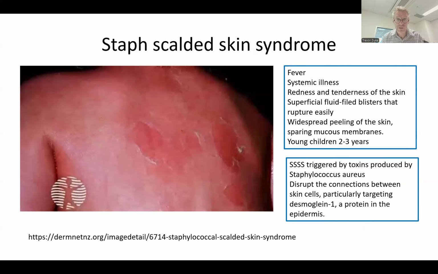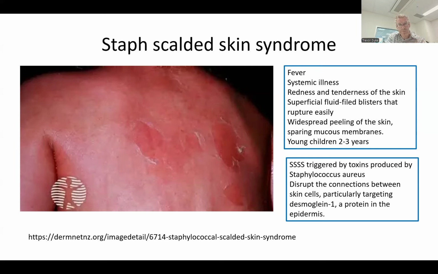Staph scalded skin syndrome was described around about 130 years ago, and it is characterized a bit like scarlet fever, with a fever and a systemic illness and redness and tenderness of the skin. It's not as sparse, it's much more confluent, where the entire skin that is affected is red.